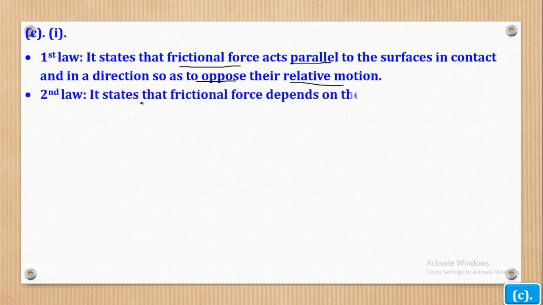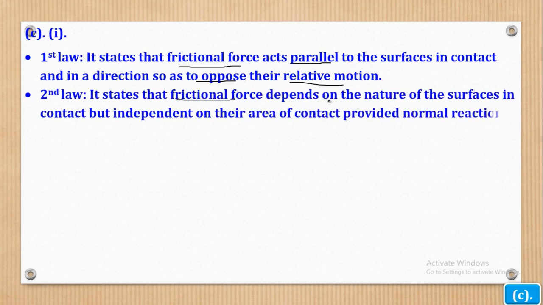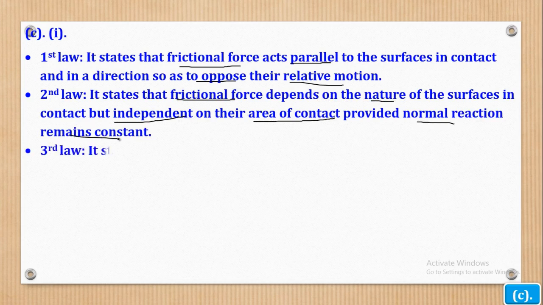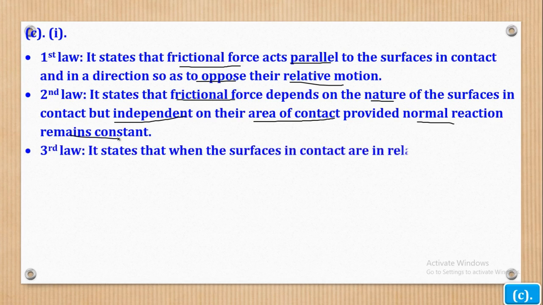Then the second law states that the friction force depends on the nature of the surfaces in contact, but is independent of their area of contact, provided the normal reaction remains constant. So that was the second law. Now we shall go to the third law.